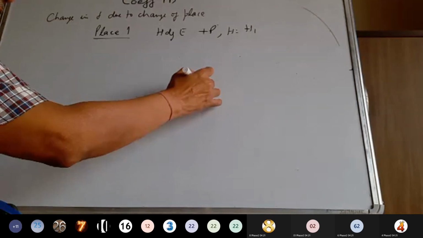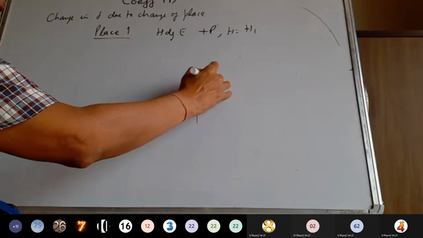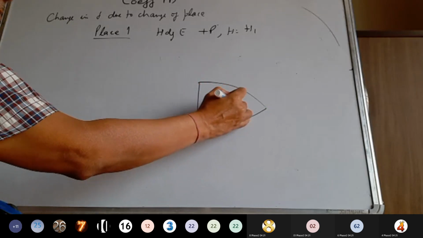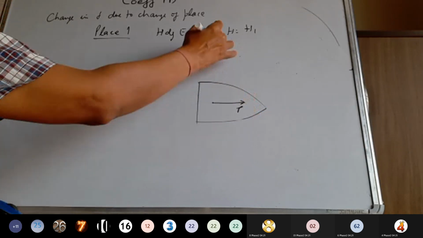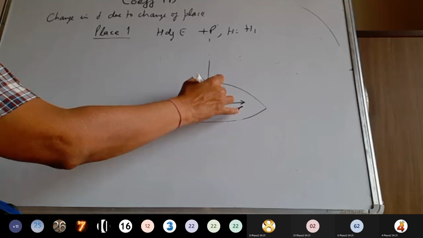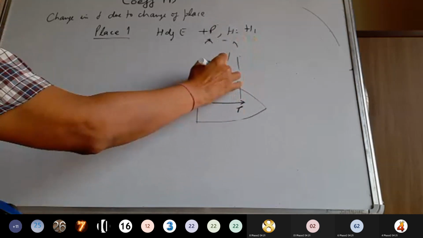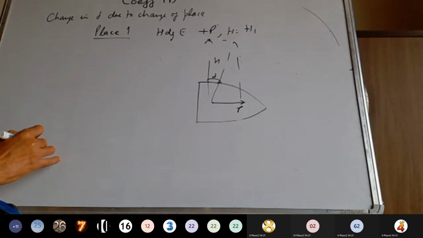If we draw this diagram, what diagram will we get? P is acting in this direction, H is acting in this direction. This we have done again and again. So this will be the resultant and this will be the deviation. Let me show this in a larger diagram. This is the compass position, this dot.